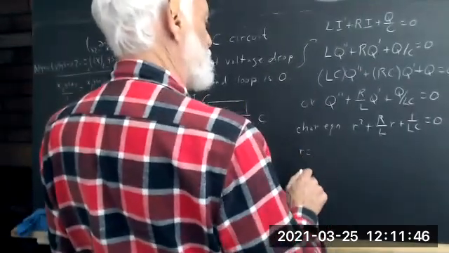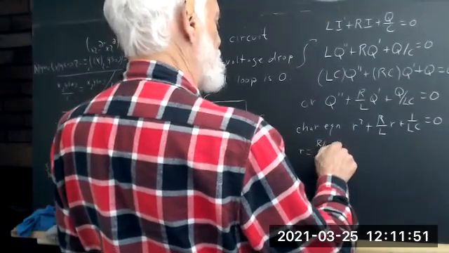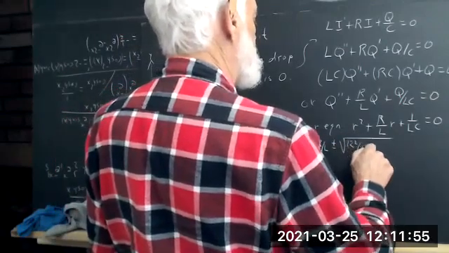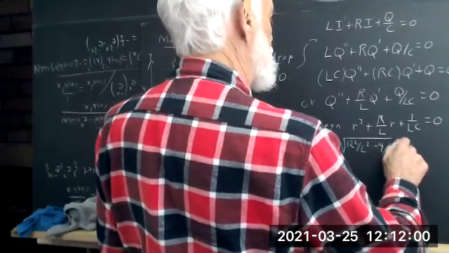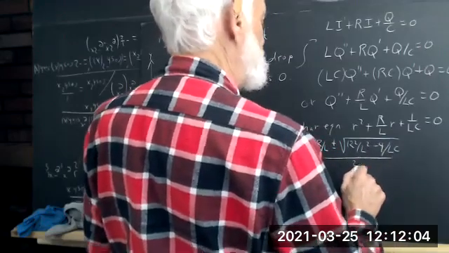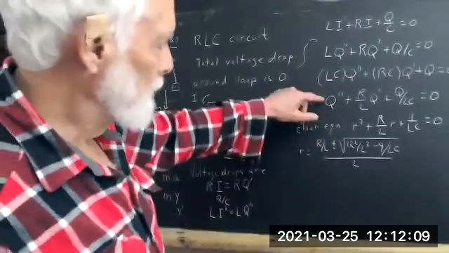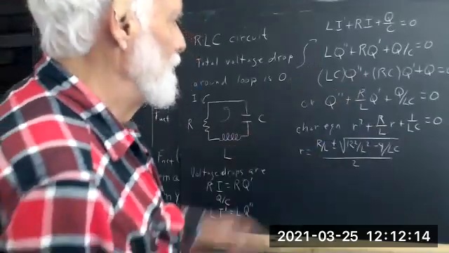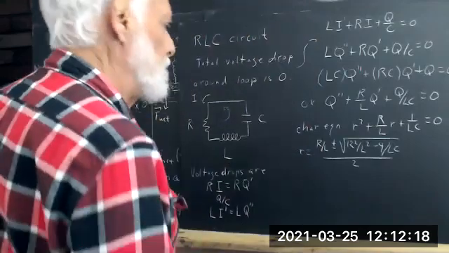So that r equals big R over L plus or minus the square root of big R squared over L squared minus 4 over LC, all divided by 2. And I chose to use this form because your coefficient of r squared would be 1, so the denominator is simpler. There are advantages to this form also. You want to work it through either way.